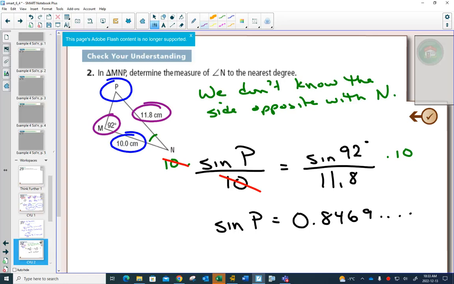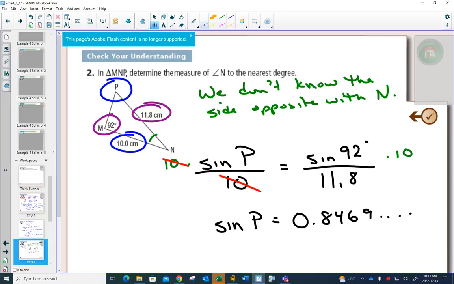And now this is where we have to make some thoughts about what's happening with solving this. Why is this a little bit interesting? Well, this is what you just did your assignment on. Obviously, this isn't one of the values that's on a special triangle. You would have to use your reference angle and your CAST rule.